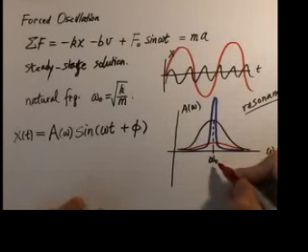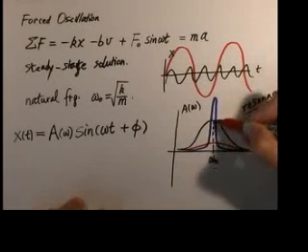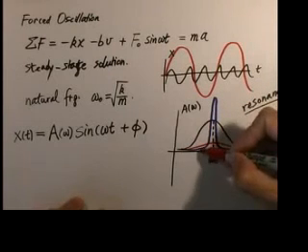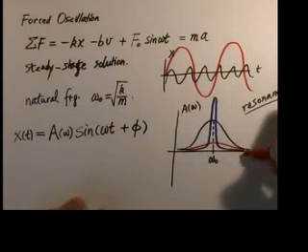Now, if ω naught matches the frequency of one particular radio station, then the signal from that radio station will elicit a very large response in your receiver, and neighboring stations with slightly different frequencies will be rejected.